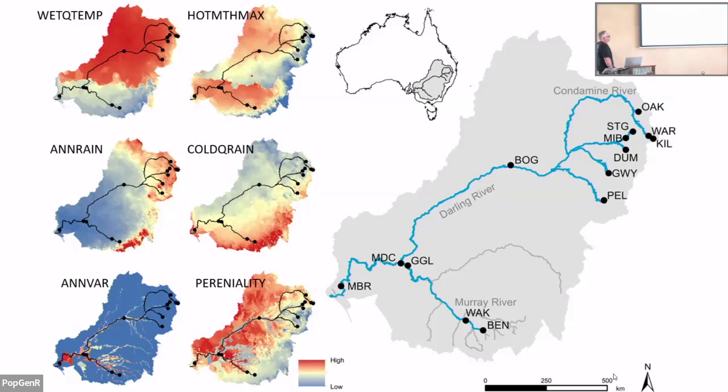It's a really heavily modified environment, with lots of in-stream barriers. There's been some progress in putting in place fish ladders and other ways to allow fish to move around the basin, but they're still probably less able to do so now than they were in the fairly recent past.